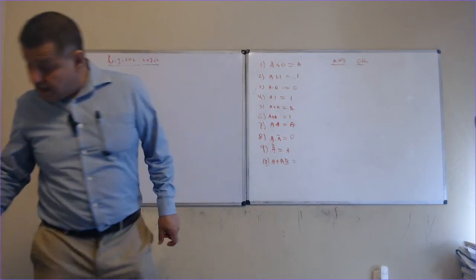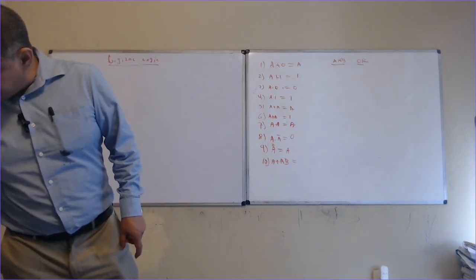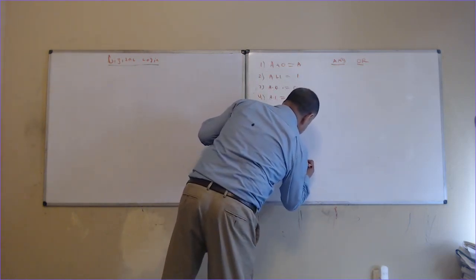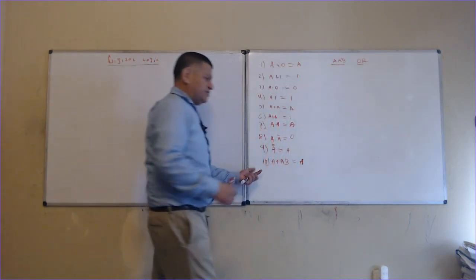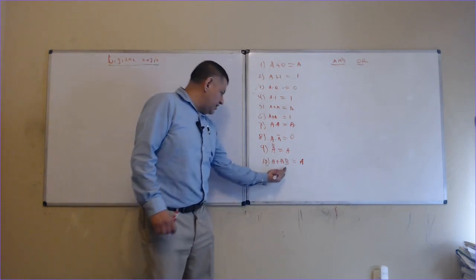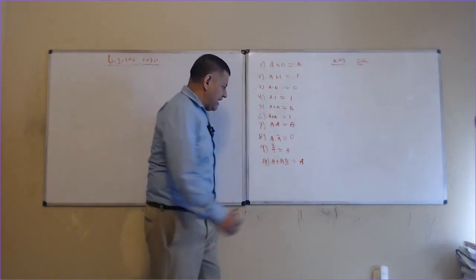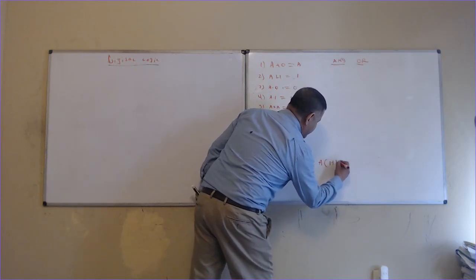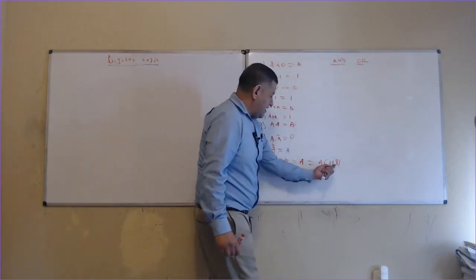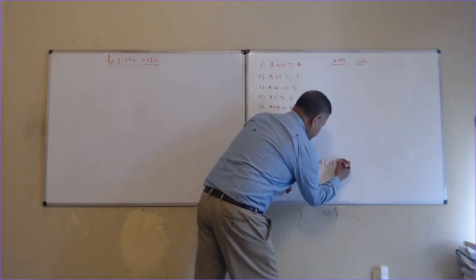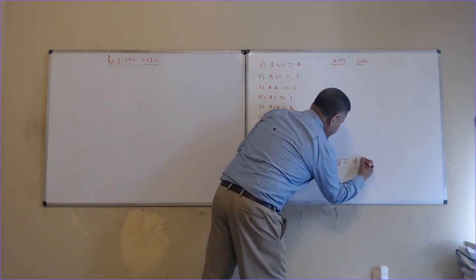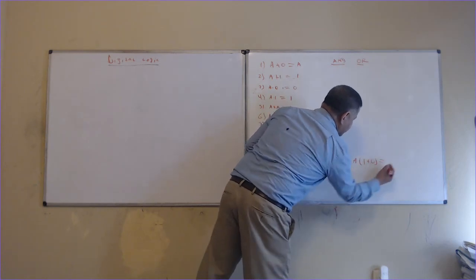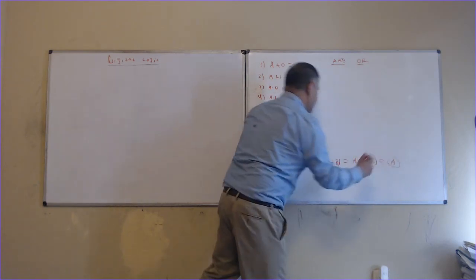On number 10, I have exactly the same thing, but they are saying that it is equal to A. I just proved it to you by pulling out A. If I pull out A again here, I get 1 plus B, and if B is 0, that is A times (1 plus 0). Multiply A across, it is going to be A.